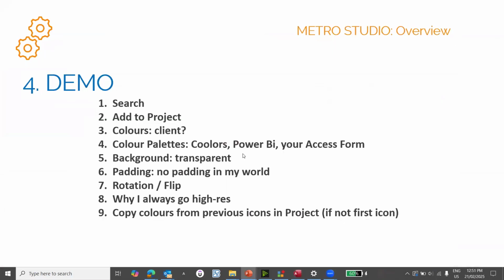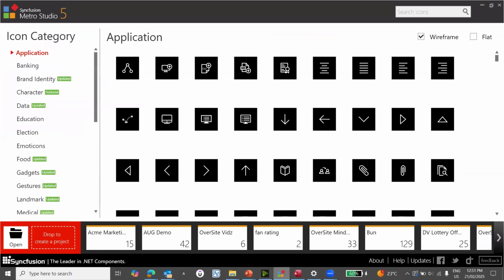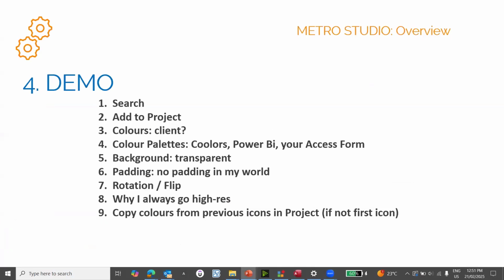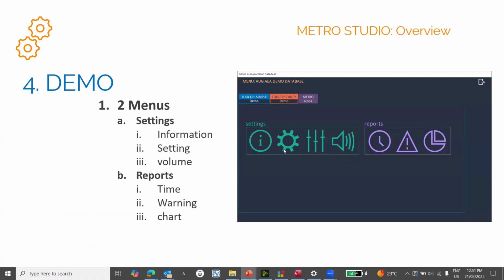Okay, fine. What we'll then do is add a project now. So let's go to Metro Studio, and it says create new project. So I'm going to put my client name is Acme, and so I'm just going to call it WH, click enter. Okay, now I have a blank project. So next thing is I want to search for the images that will correspond to these icons.